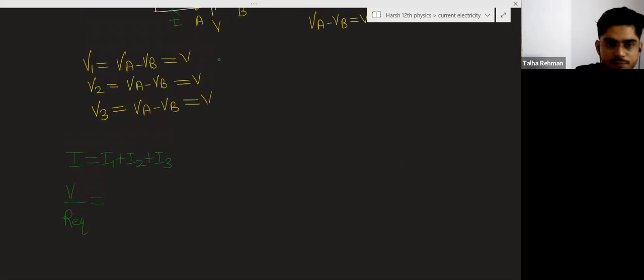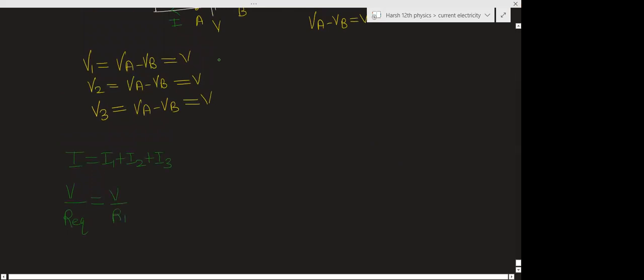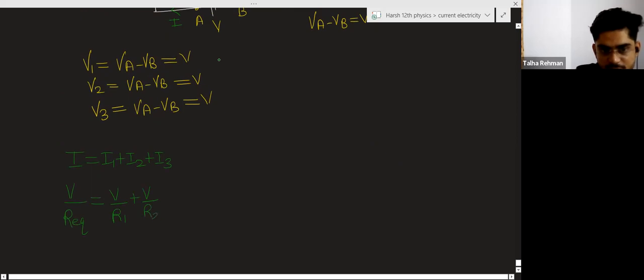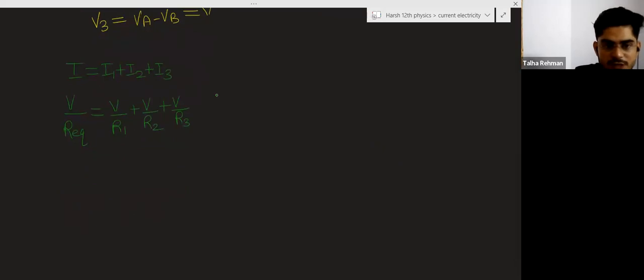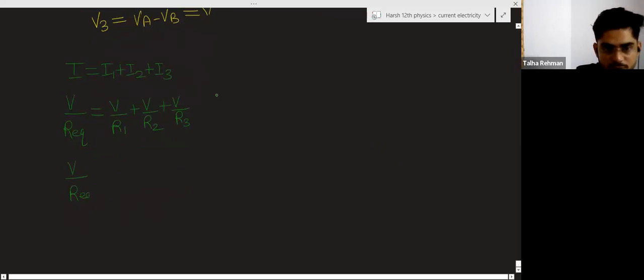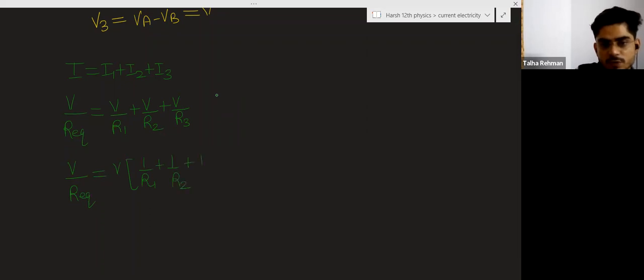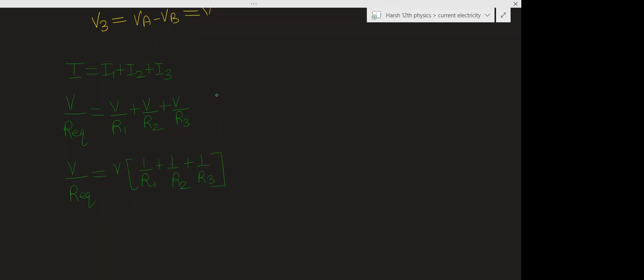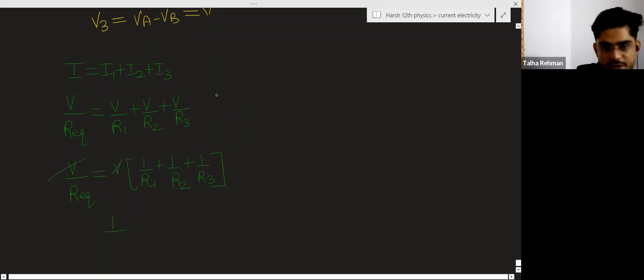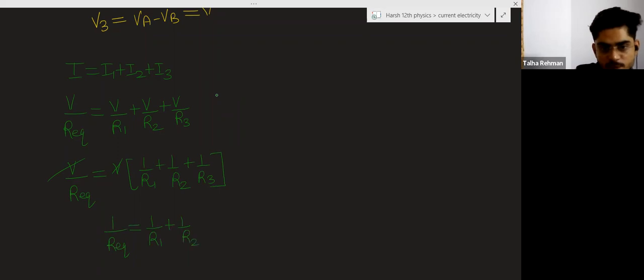V1 is V. V2 is also V. So we can write this like this. Cancel V from all the sides, or take the common V. You will get 1 upon R1, 1 upon R2, 1 upon R3, and now V is gone. We have equivalent resistance in parallel combination, 1 by R equivalent equals 1 by R1 plus 1 by R2 plus 1 by R3.